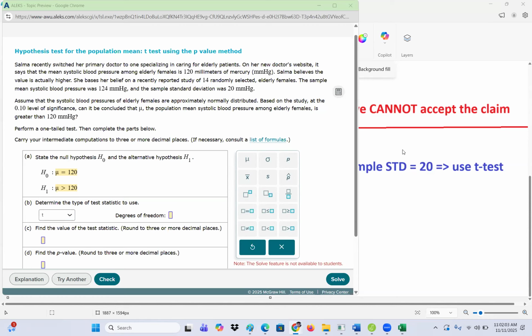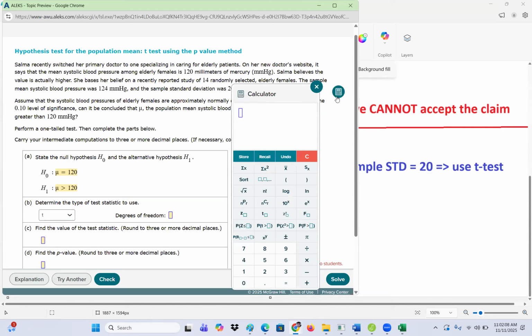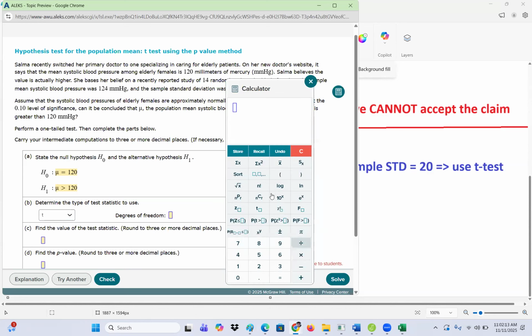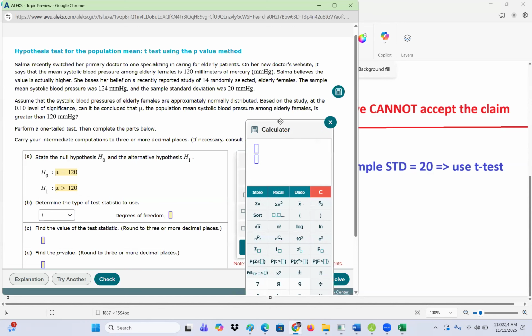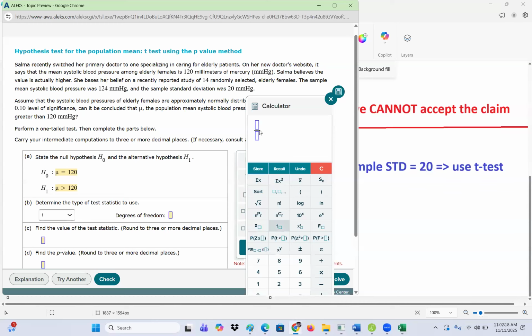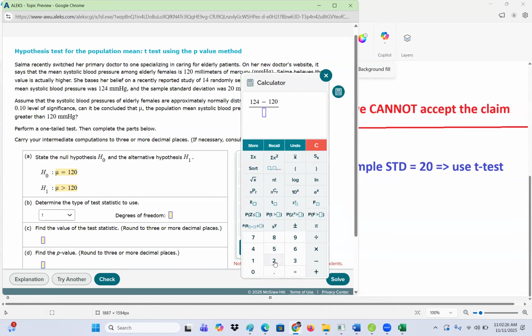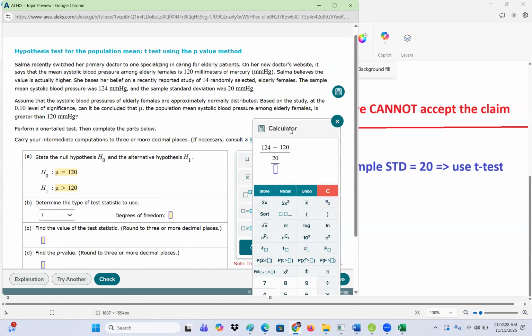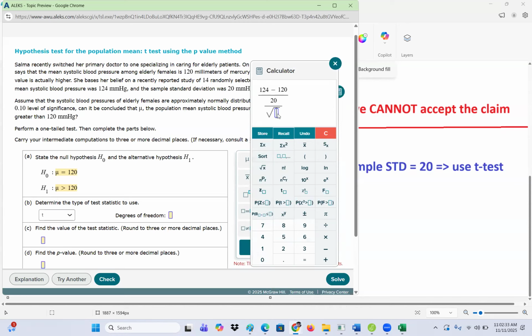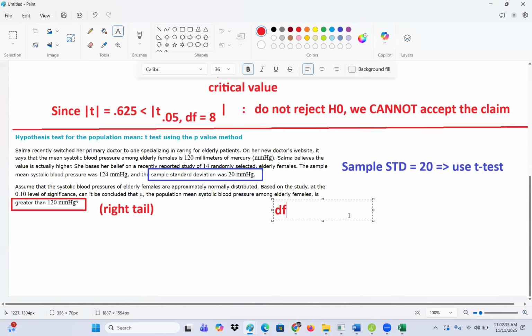Oh yeah, got it. And then we can compute the statistical value based on the sample information. We're gonna take the x bar equal to 124 minus 120 over the sample standard deviation, which is 20, divided by radical 14. So don't forget to compute the degree of freedom. We have n equal to 14.